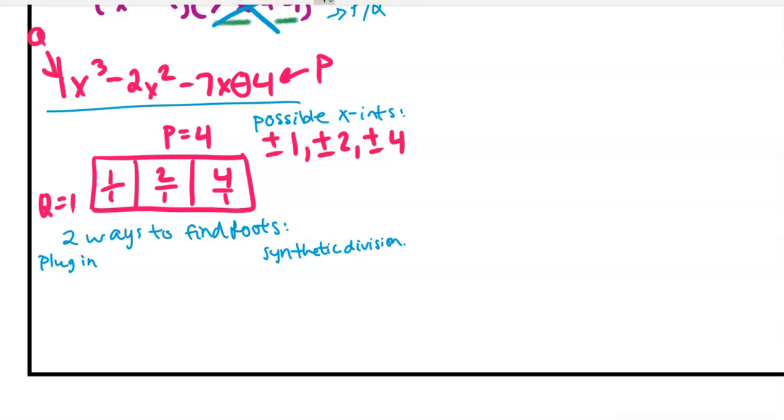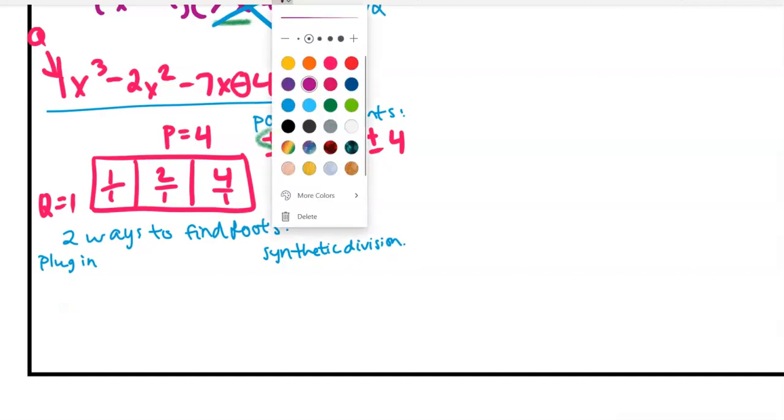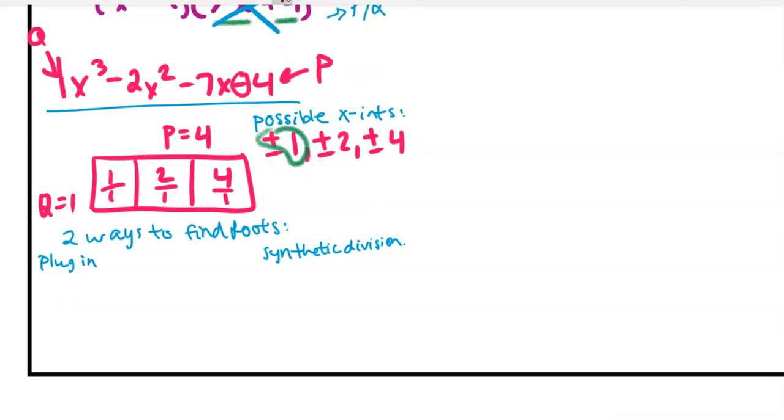So let's say we plug in positive 1. We're starting with positive 1 here, so we'll plug it in for x. Okay, so we'll say 1 cubed minus 2 times 1 squared minus 7 times 1 minus 4.